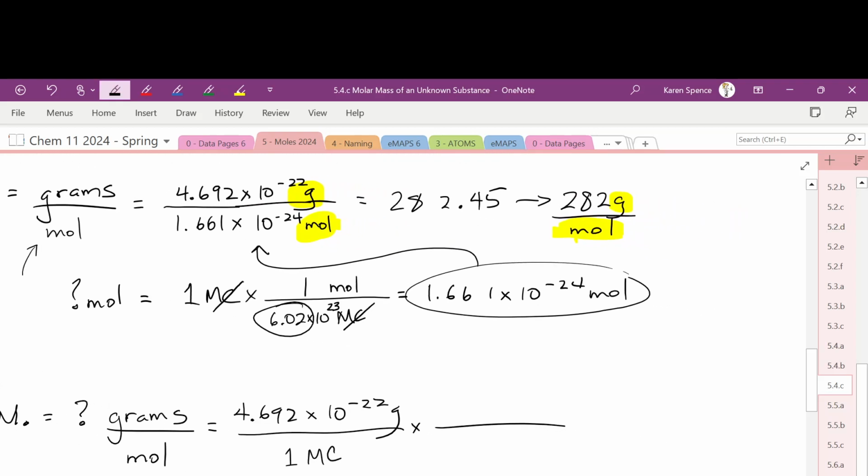So I've got 1 molecule, and now I have to cancel my molecules because I don't want molecules. I do want to have moles. The 1 goes with the mole, and the 6.02 times 10 to the 23 goes with the particle. And we should get the same answer, 282 grams per mole.